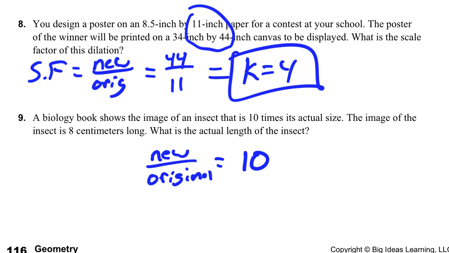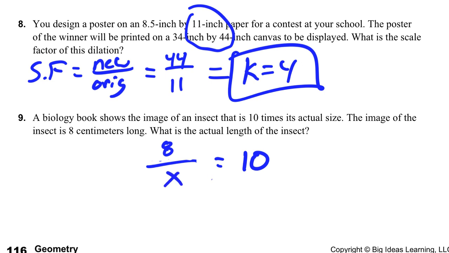What we can do, it says the image that we see is really 8. So we can put the 8 here. So what we don't know is we need to now erase this bottom part here. And this is where X is going to be.